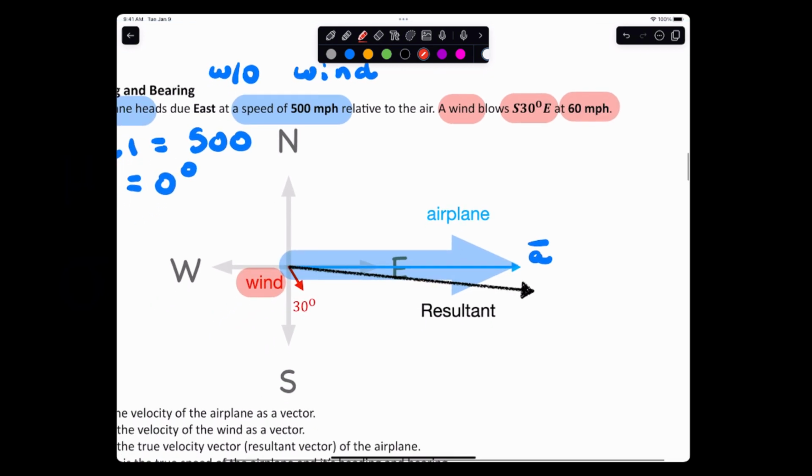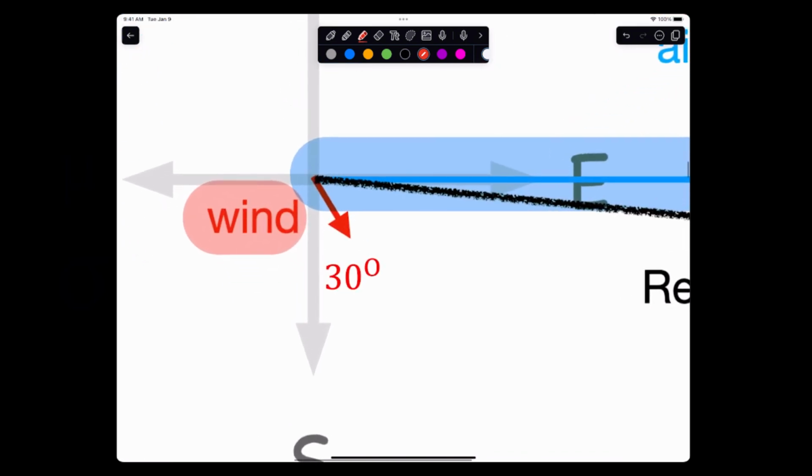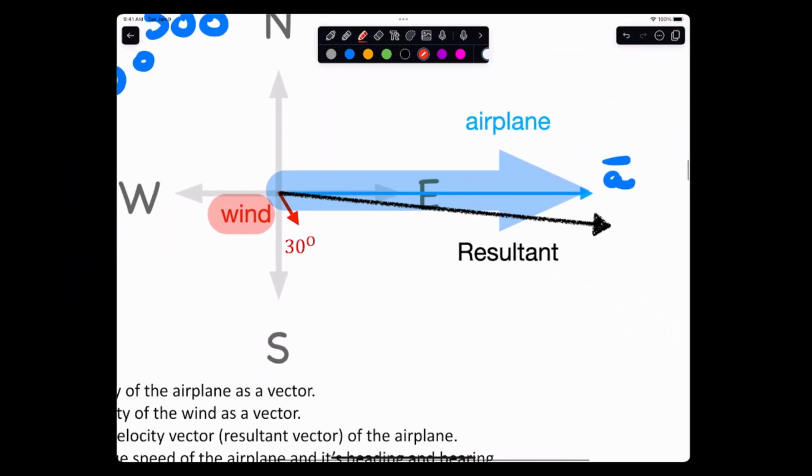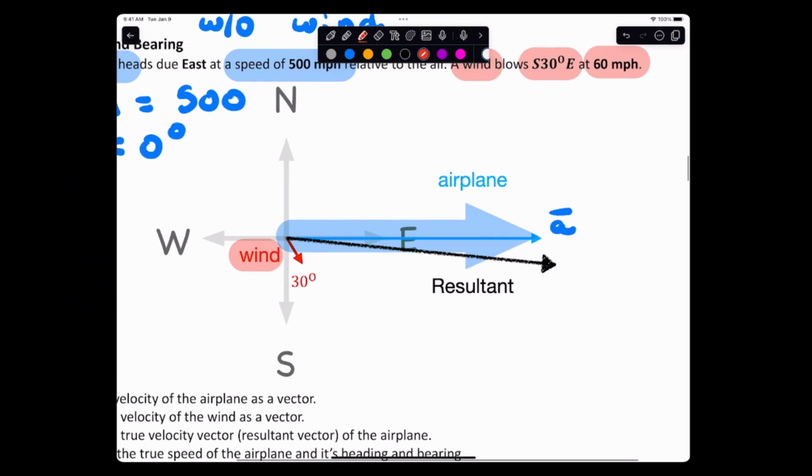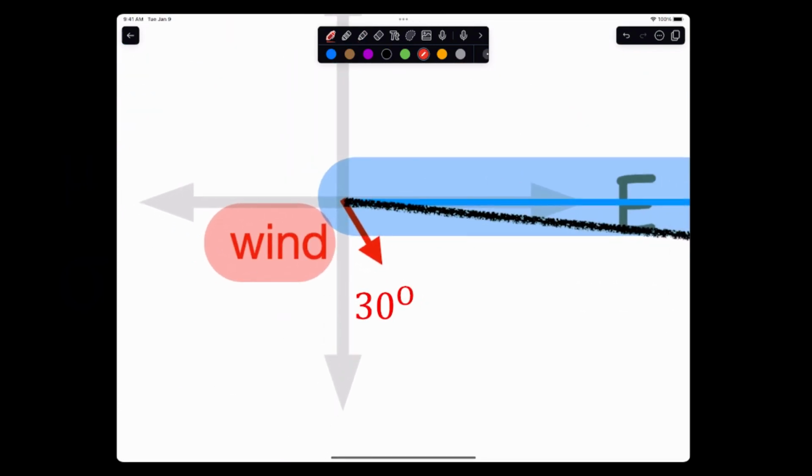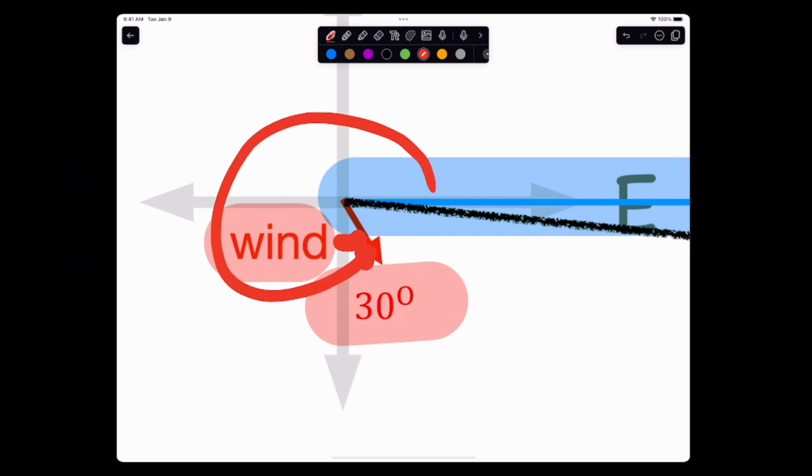And so they gave us a southeast direction. That 30 degrees is right here. However, that is not the standard angle of the wind, is it? What is that standard angle then? Do I have to deduce what this angle is? Yes, that's your standard angle theta.